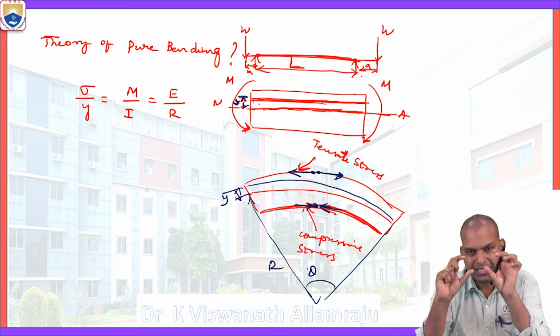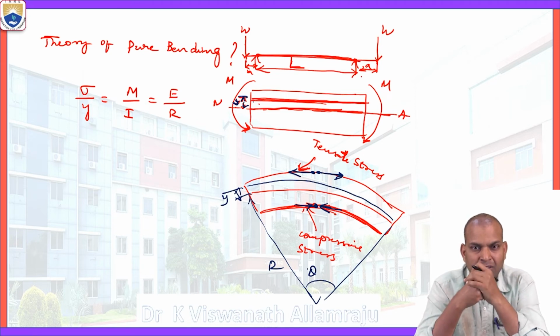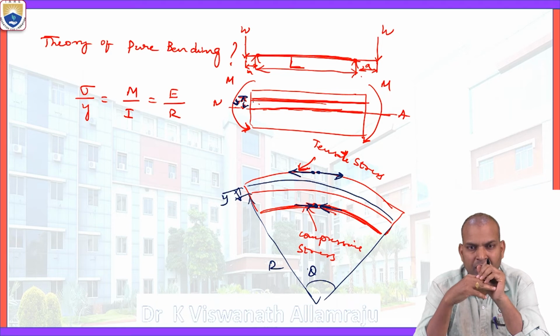Now when bending takes place physically, if you are bending any material, sheet or rod, it experiences not only stresses but also strain. That strain is normal strain.